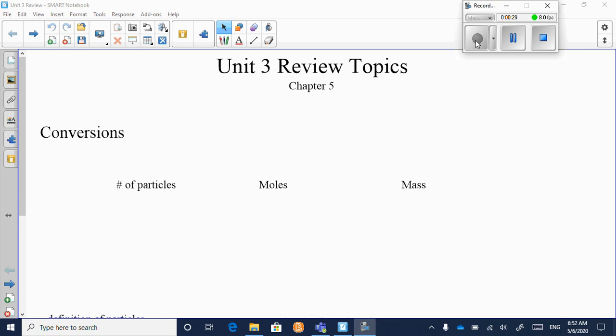We started the unit by doing these conversions, and basically we were learning how to use moles as the hub of our analysis. Chemistry likes moles because it takes these huge numbers of particles and brings them down to a more relatable amount of things.